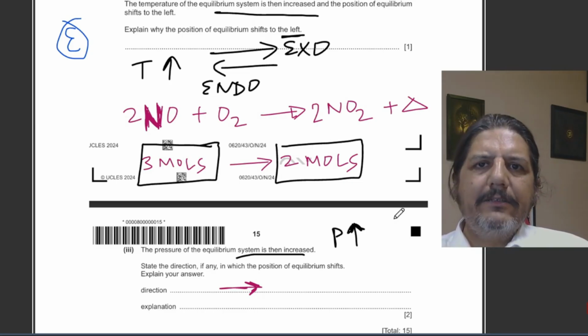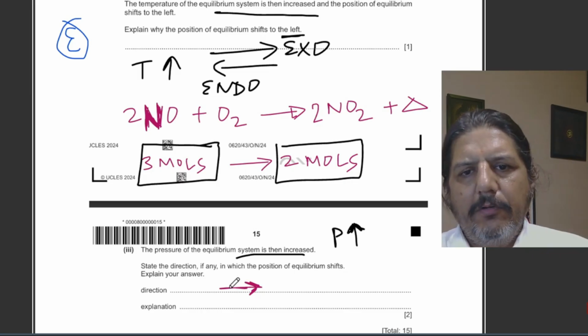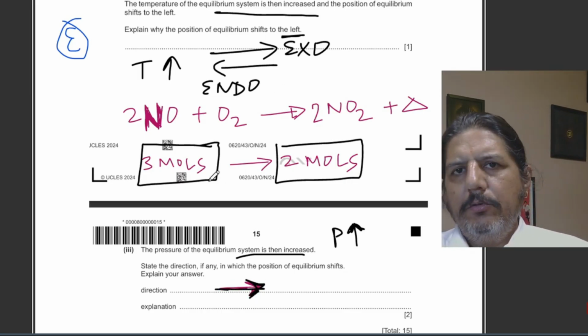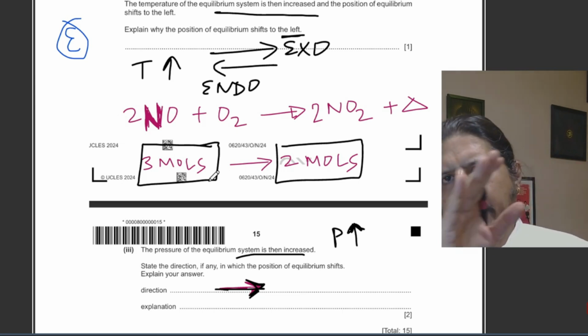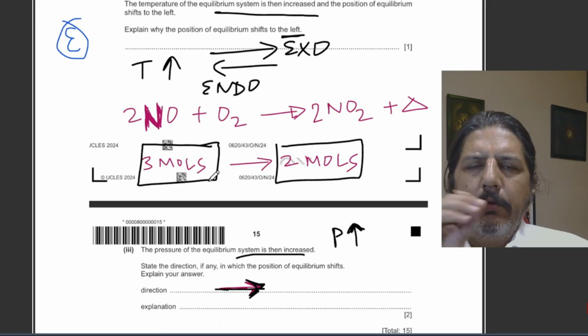It wants to decrease the pressure. How will it decrease the pressure? By moving in the forward direction, by shifting the equilibrium to the right, because from 3 moles you are coming to the situation of 2 moles. So the reaction will move in the forward direction to oppose this increase.